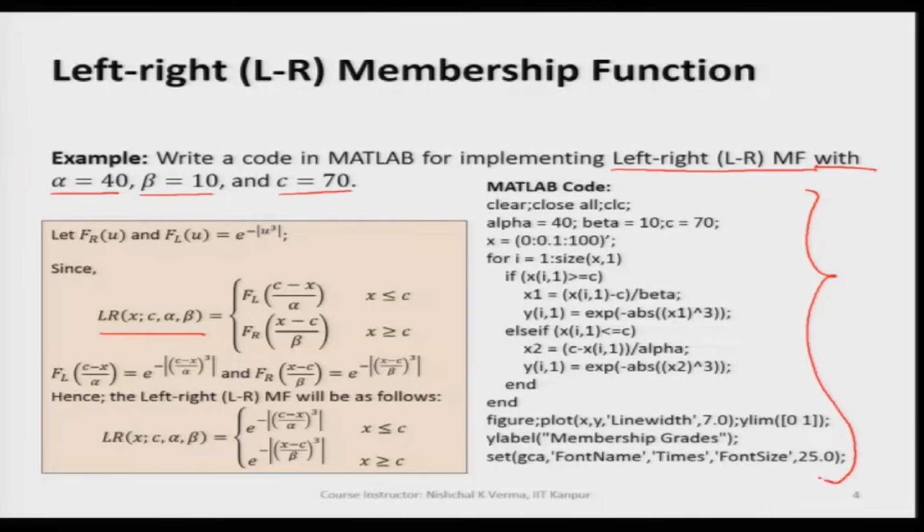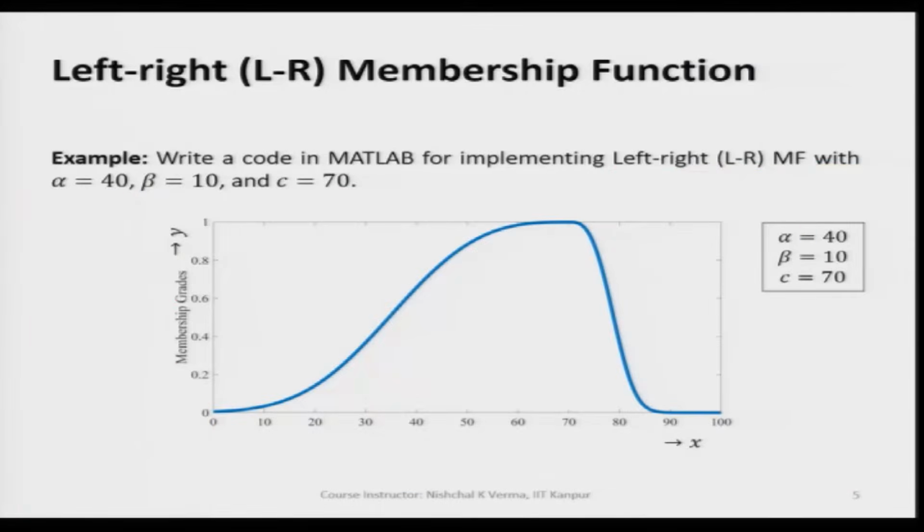You can simply copy this MATLAB code, take it to MATLAB and run it, and you will see that with these parameters you are going to get this shape. When alpha is equal to 40, beta is equal to 10, C is equal to 70, this kind of shape you are going to get.